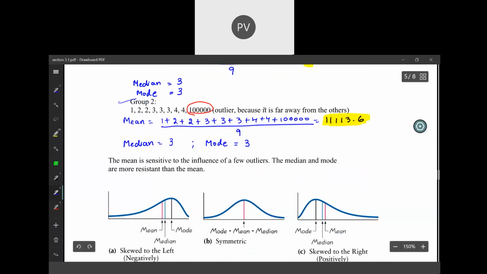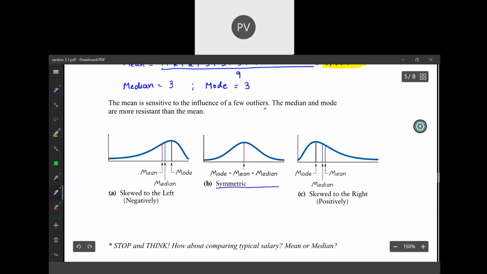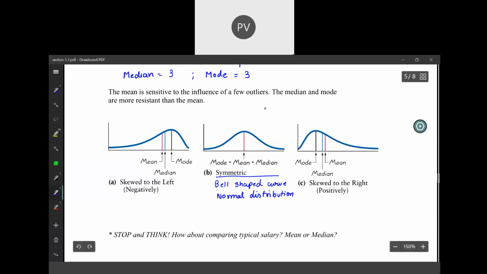Next is with the graph. Where have you seen this type of graph? We learnt about this in chapter 2. This is a bell-shaped curve, also called the normal distribution. I was telling you that we need the variables to be normally distributed. Why?